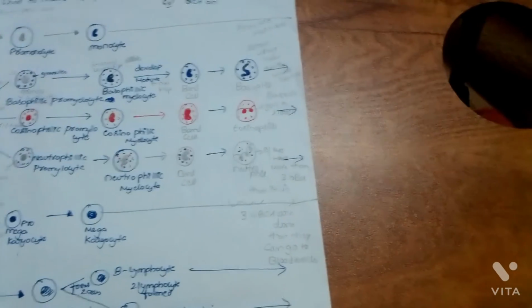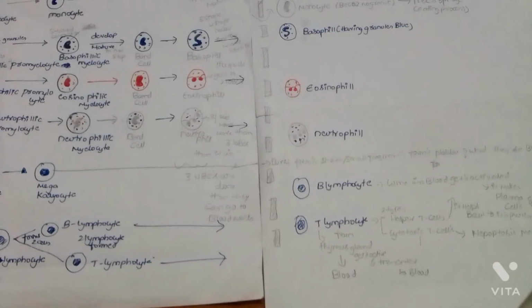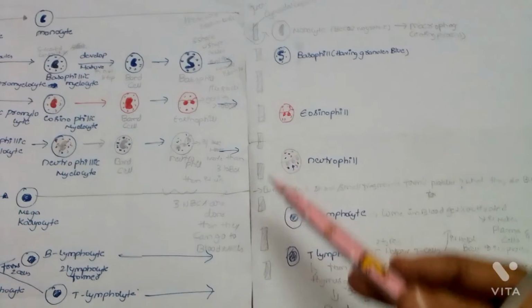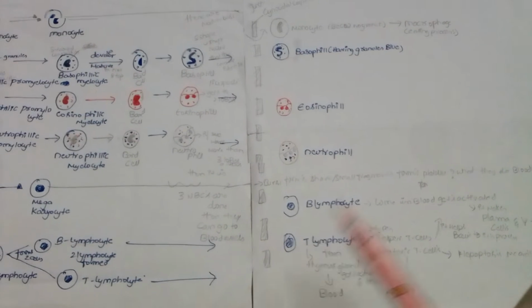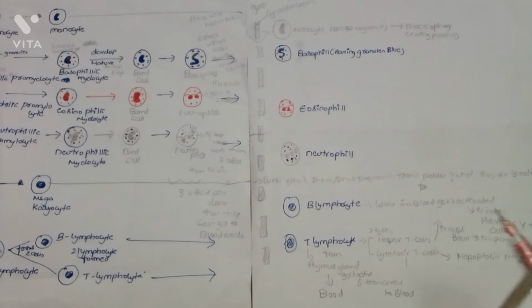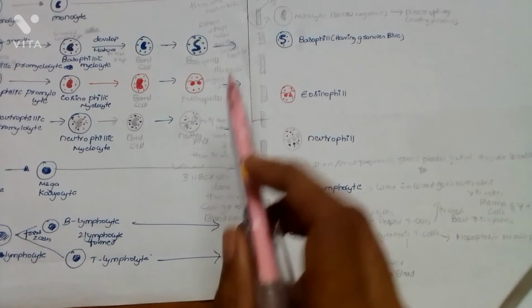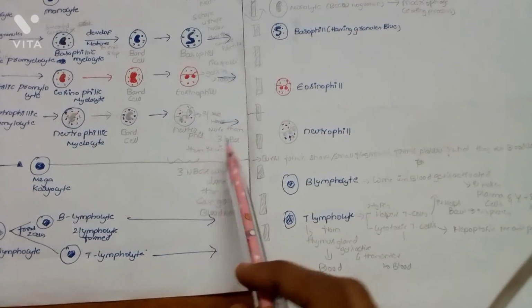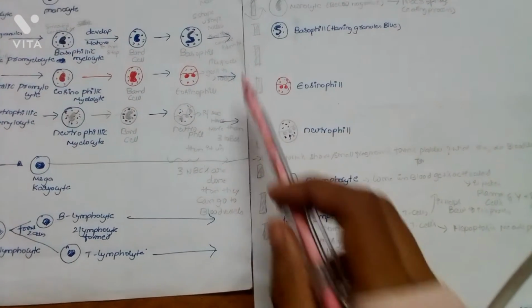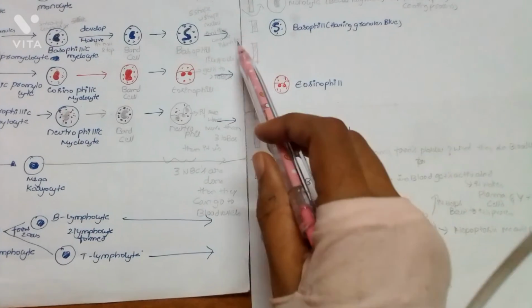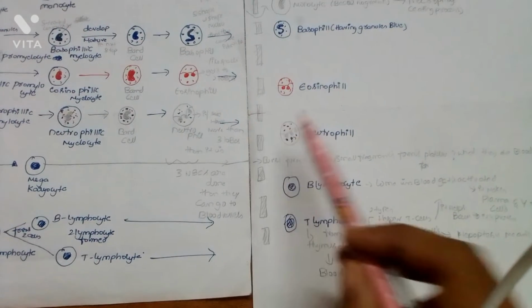Now we are going to learn further deeply. Here there is a junction. This is a sinusoidal capillary. This is a junction where these granular WBCs like basophil, eosinophil, neutrophil, which are ready WBCs, move through these junctions.